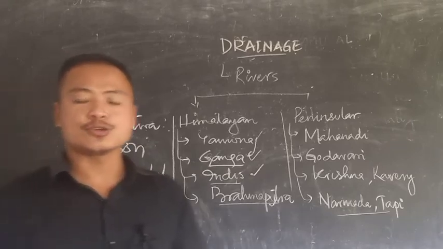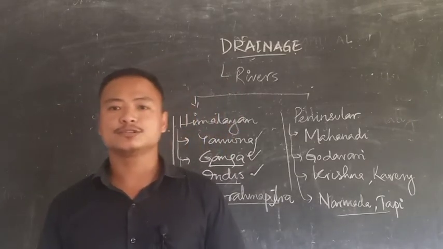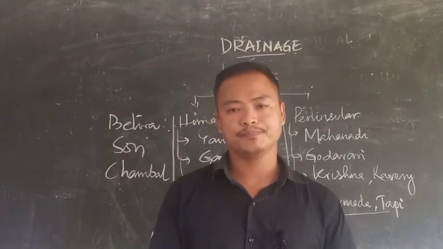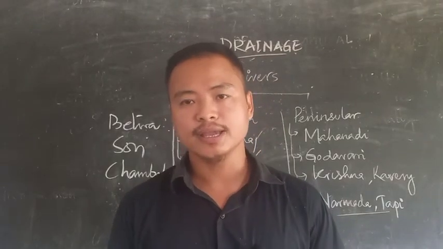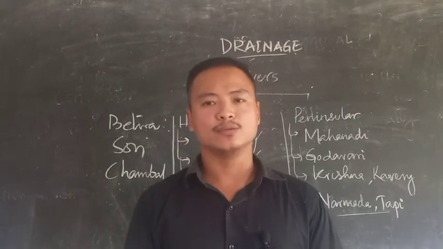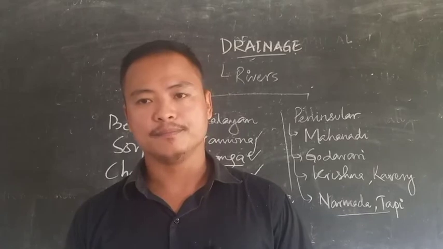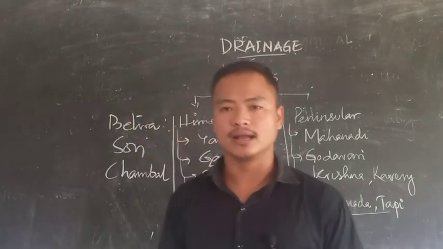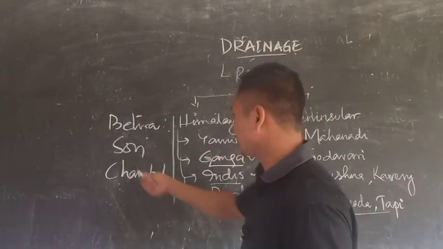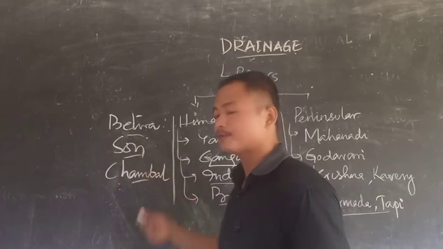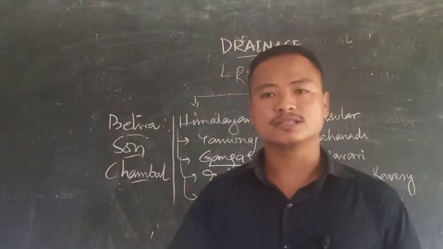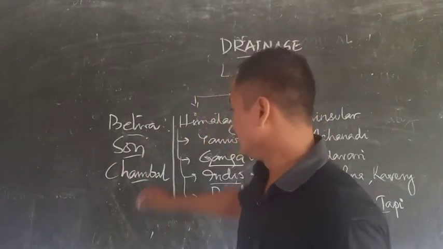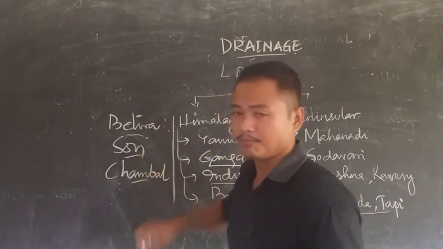Rivers Betwa, Son and Chambal join river Yamuna as its tributary before joining with river Ganga. Before merging with river Ganga, the Yamuna is joined by three important rivers that flow from peninsular India towards the northern plains, and they are Betwa, Son and Chambal.